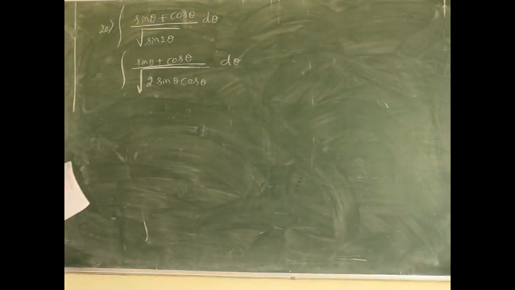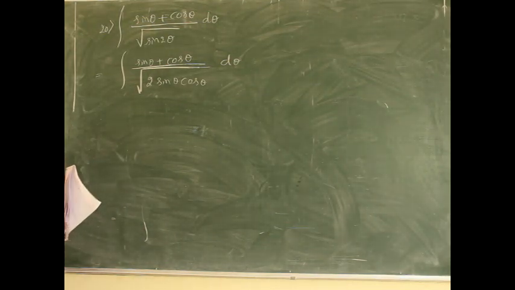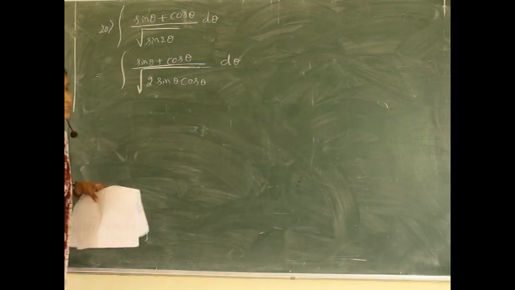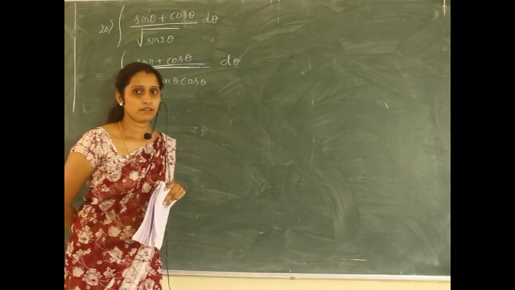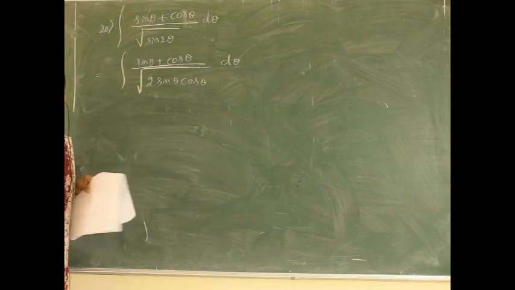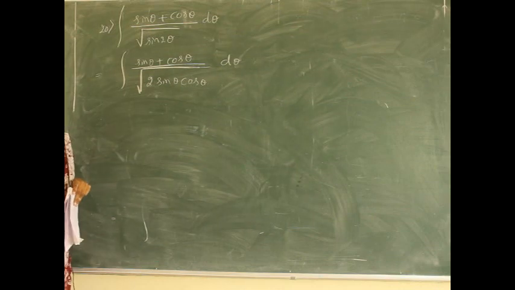So how can we simplify next? In the numerator it is sin theta plus cos theta, and the denominator is 2 sin theta cos theta. To use any of the formulas we need a different form in the denominator, because we have many formulas like derivative in the numerator and the function in the denominator, or e to the power.